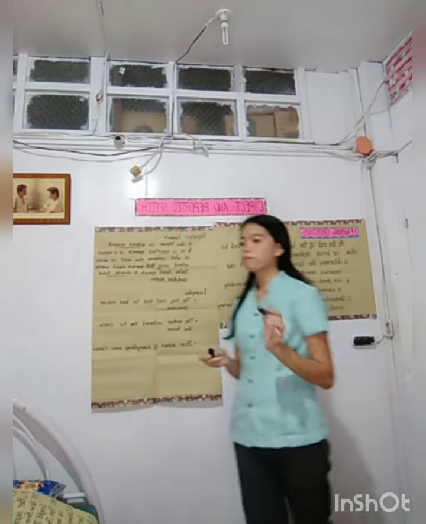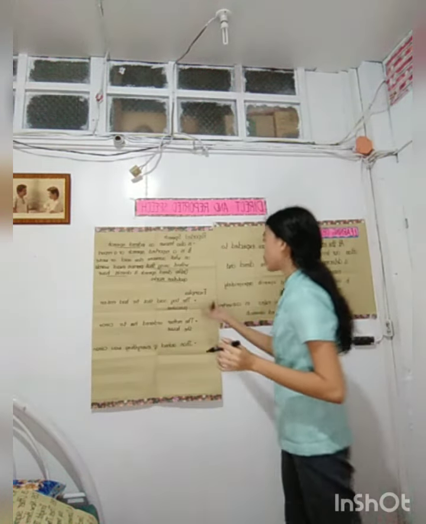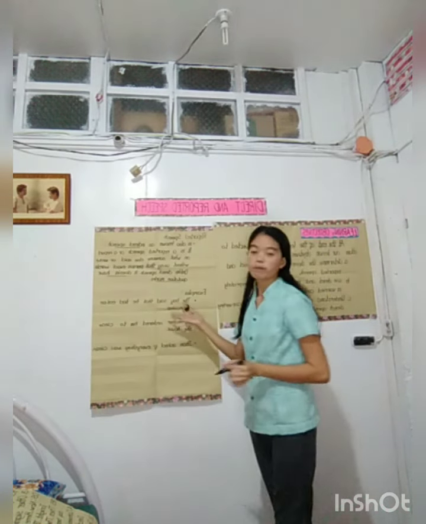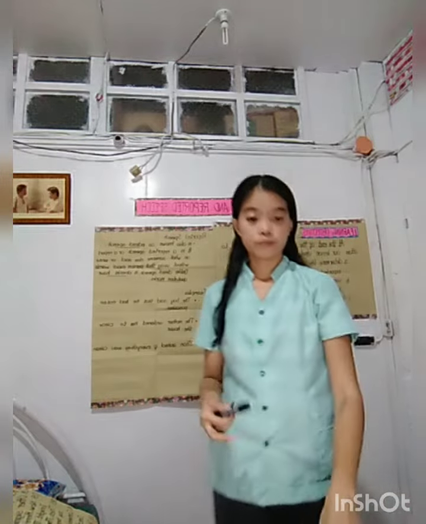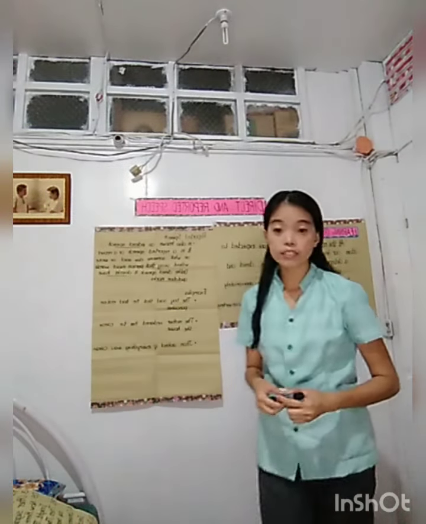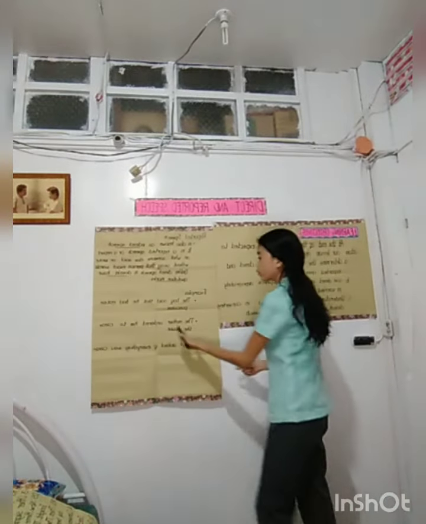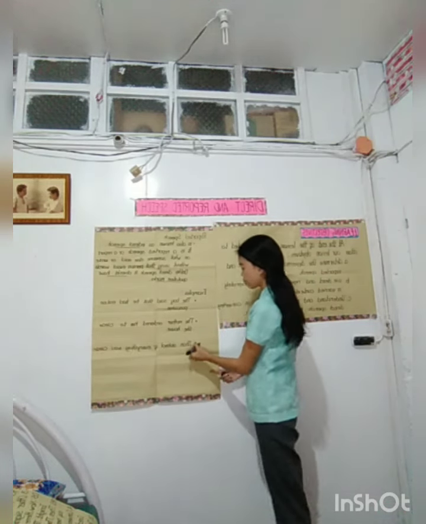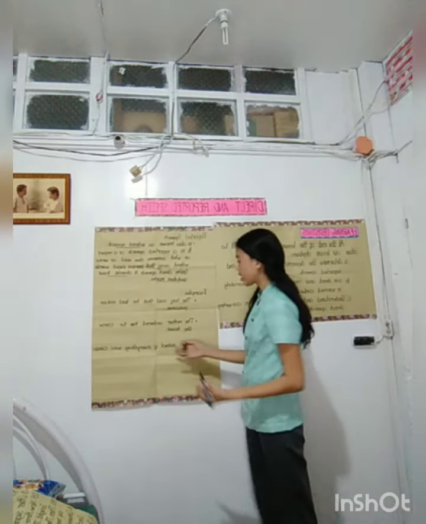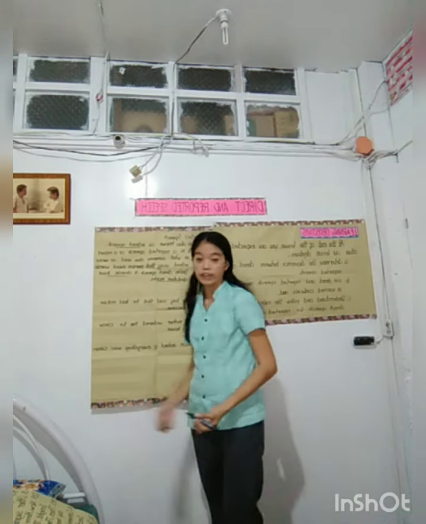The first example is, the boy said that he had eaten pancakes. Our second example is, the mother ordered him to clean the house. And for the last example, we have, John asked if everything was clear.